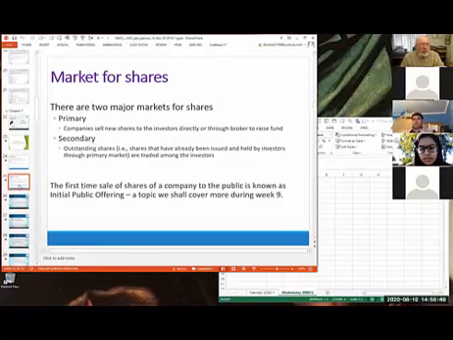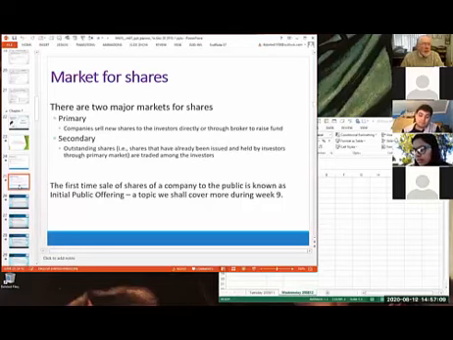When we look at the shares, there are two main ways of buying shares. One is to buy brand new shares in a brand new company, and that's called the primary market. The initial public offering is the balloon going up on the company, and everyone's invited to come along and put in their money and get in on the excitement of the new company.